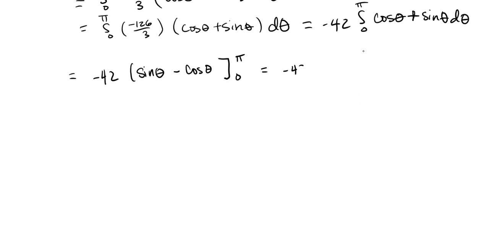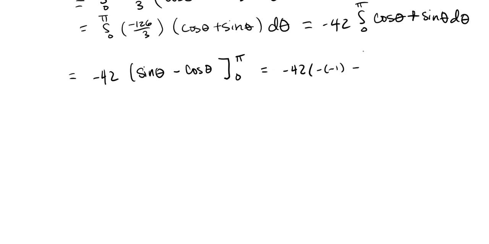So then I would have -42, plugging in pi. Sine is going to be 0, cosine theta is going to be -1, so we really have -1. And then minus, plugging in 0, sine of theta is 0 and cosine of theta is 1. So let's keep track of our negatives here.